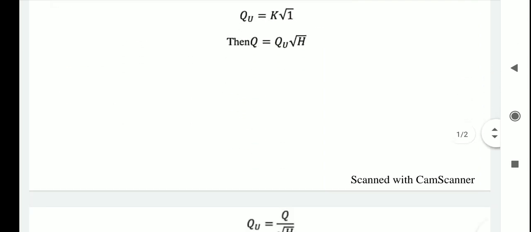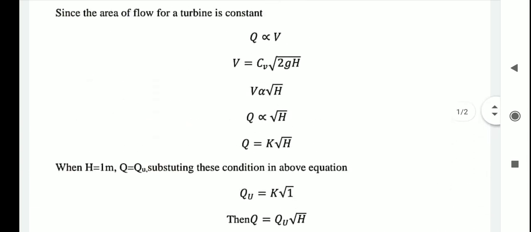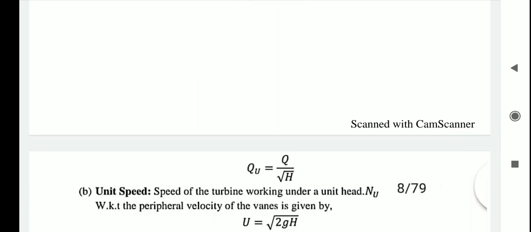So Q equals QU into square root of h, and QU equals Q divided by square root of h. This is the formula for unit flow.